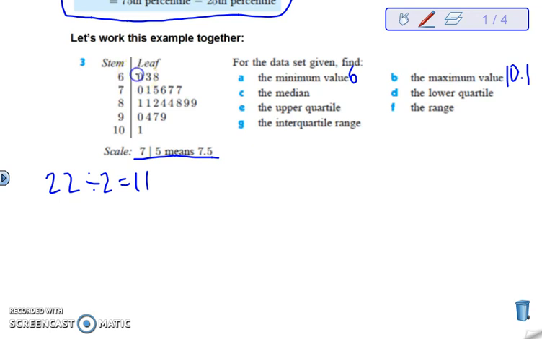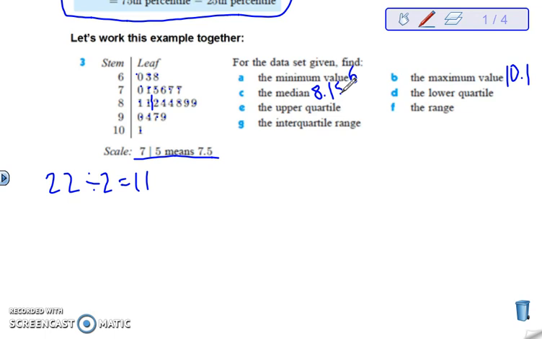So if I count it out, 1, 2, 3, 4, 5, 6, 7, 8, 9, 10, 11. If I count from the bottom, 1, 2, 3, 4, 5, 6, 7, 8, 9, 10, 11. It stopped right in between those two. It's between 8.1 and 8.2. So we'll go ahead and say it's 8.15.